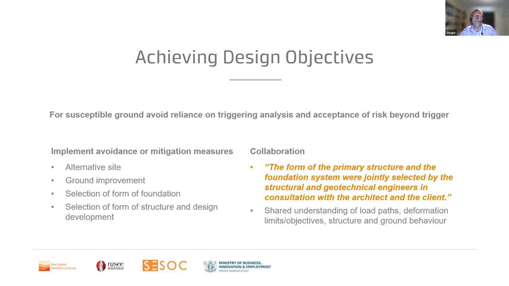And that's certainly what we should be recommending and pushing for. We can undertake ground improvement. We can select forms of foundations to avoid the vulnerability. So piles extending beyond the soil susceptible to liquefaction and founding at greater depth. We can select forms of structure and develop the design of those forms of structure to have more tolerance to the vulnerabilities in the ground.